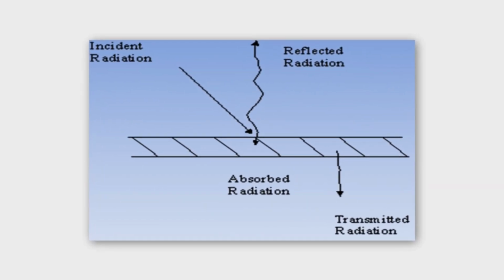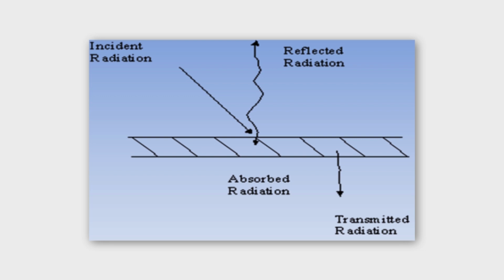When a beam of thermal radiation is incident on the surface of the body, the following could happen. Some of it may get reflected away from the surface, some of it may get absorbed by the body, some of it may get transmitted through the body.